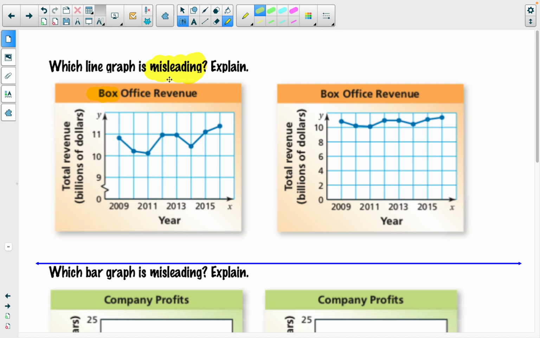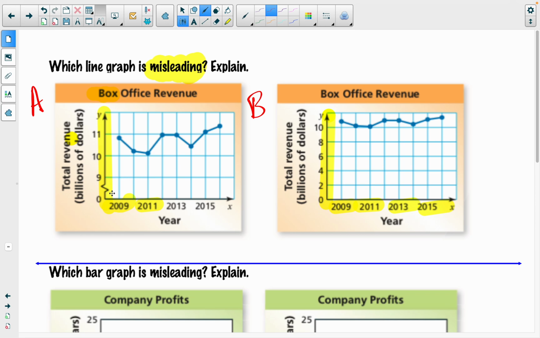So we're looking at which is misleading, and it's the box office revenue. So let's compare. For both of them, the interval for the years it's showing is the same, okay? When we talk about the revenue, if we're trying to show that we had a big increase in revenue, we can see that this graph A looks like there's a big increase in revenue versus graph B that's kind of more static.